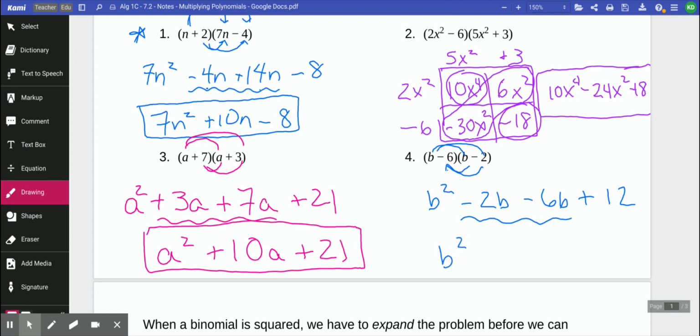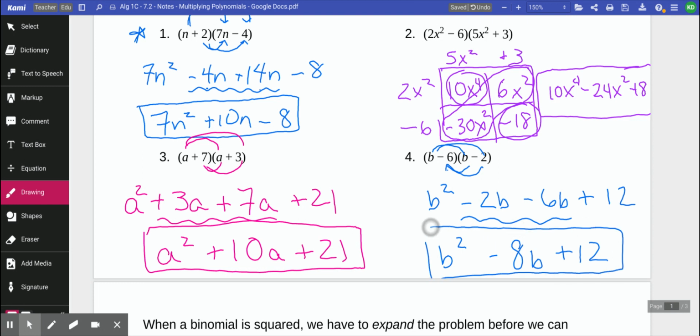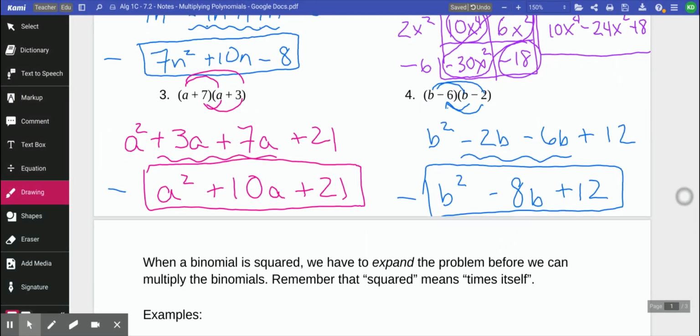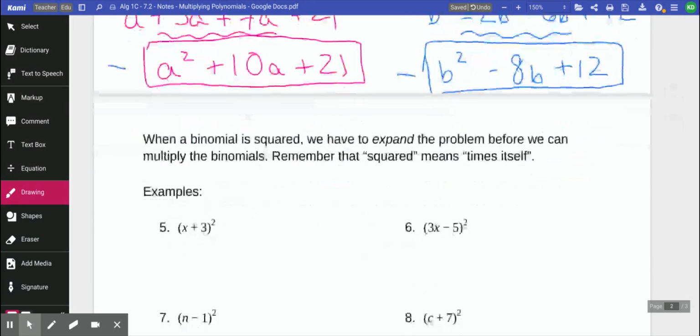Those are both negative, so they're going to make a bigger negative. So we're going to end up with b squared minus 8b plus 12. So a lot of times, like look at this, 1, 2, 3 quadratic trinomials. So that's often what's going to happen. Number 2, we started with quadratics, so we ended up with a quartic trinomial. Very similar, but a little bit different.